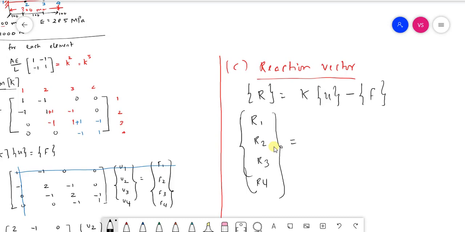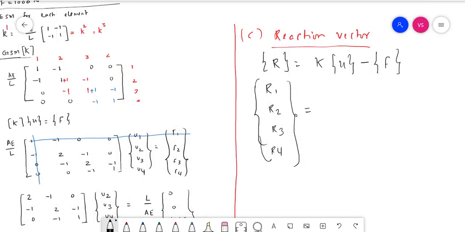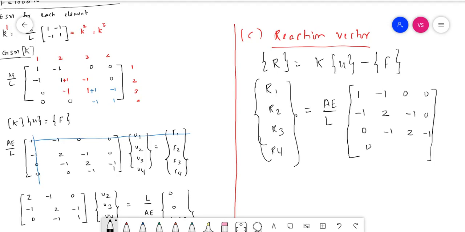Now this is the K, the original K, what we had used here. This is the original K value. So that is AE over L times the matrix 1 minus 1 0 0, minus 1 2 minus 1 0, 0 minus 1 2 minus 1, 0 0 minus 1 1. Okay, this is K.